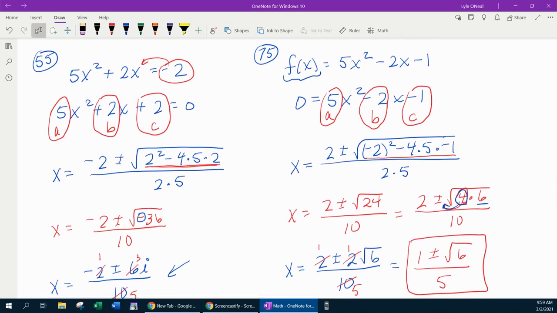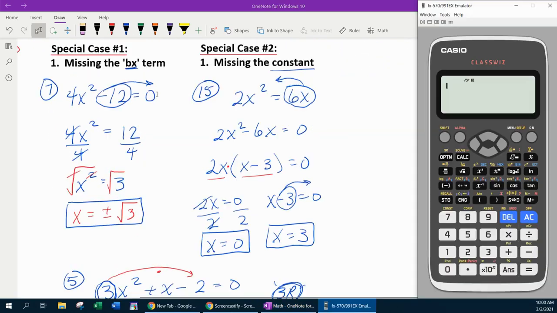Now, if you've stayed around this long, as a special treat here, I would like to show you that the Casio ClassWiz has a built-in quadratic solver. And if you own the calculator, you might as well know how to use it effectively. So in the menu button, if you go down and over, one of your options here is going to be equation/function.